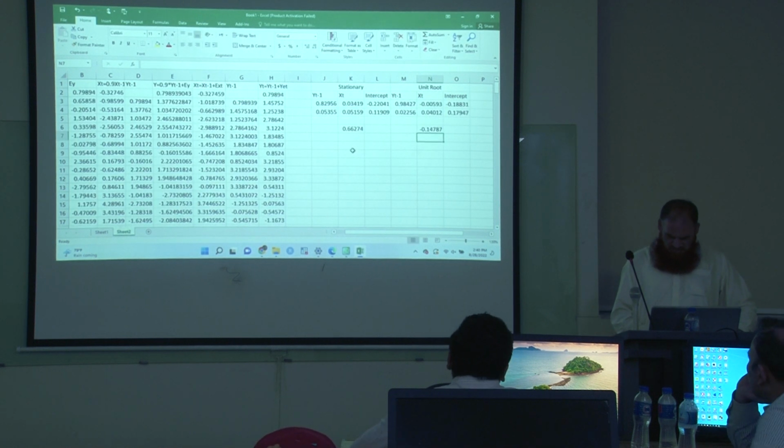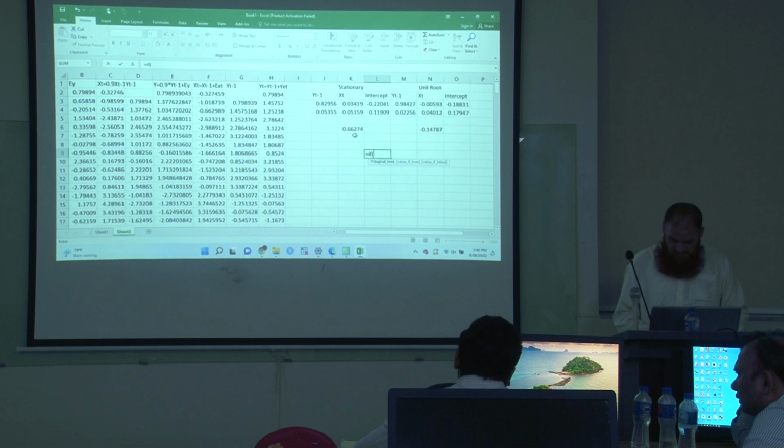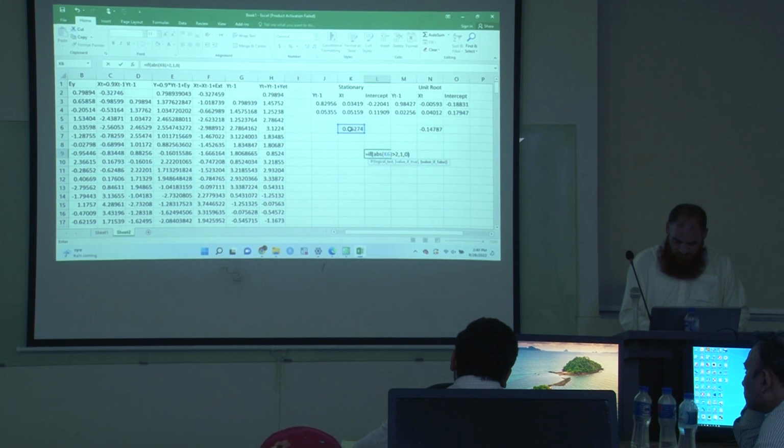Right? Now I am writing the command equal to if absolute of this thing is greater than 2, it will be significant, it should write 1, and then if not significant, it should write 0.